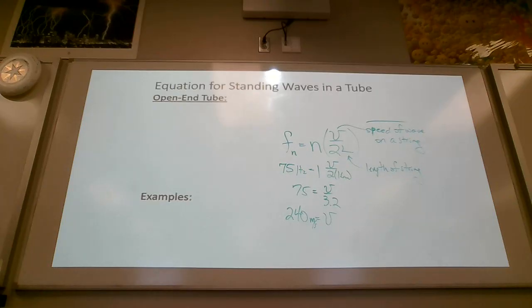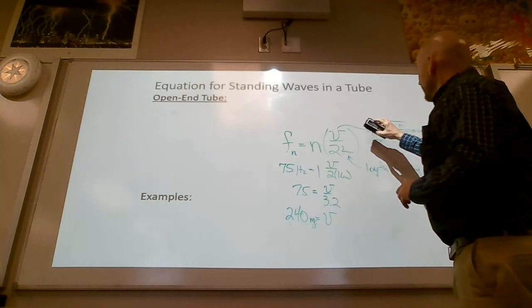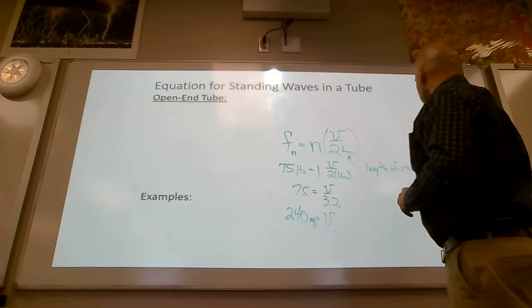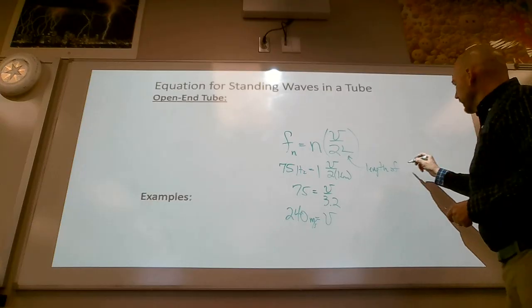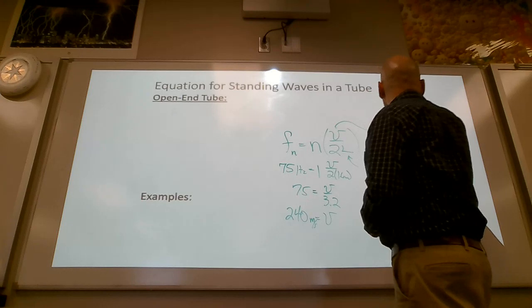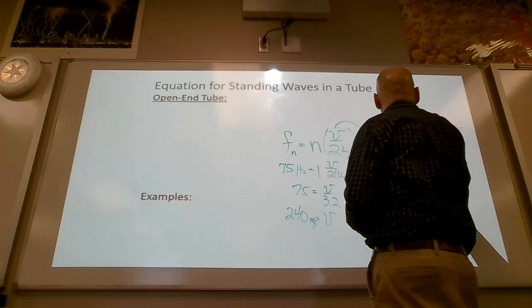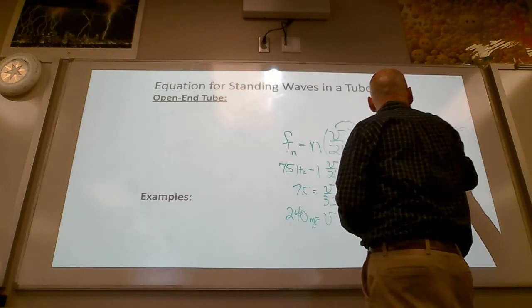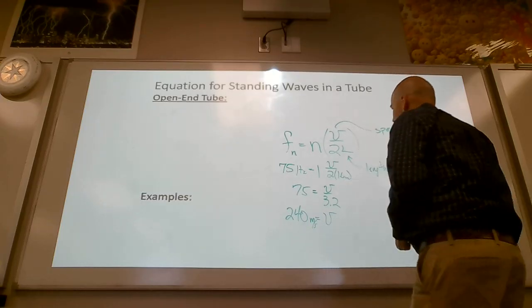Another category of instruments is an open-ended tube. It actually has the same equation as a string. However, this L is going to be the length of the tube, and this v is the speed of sound in air, which is equal to what? 343 meters per second.